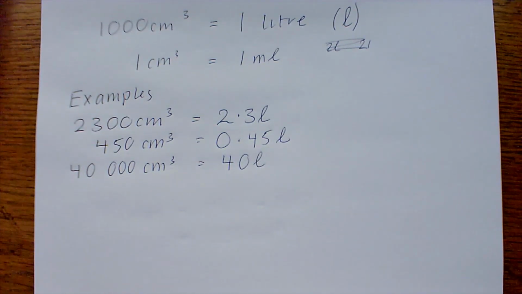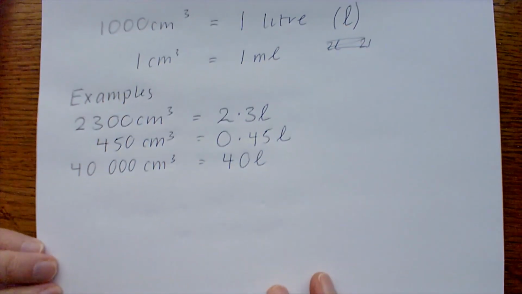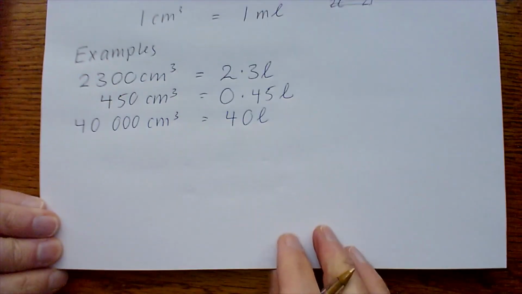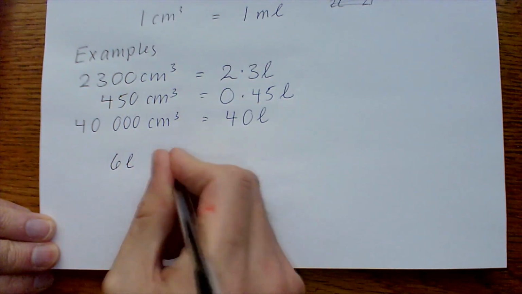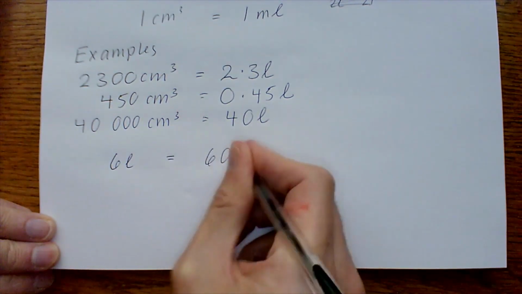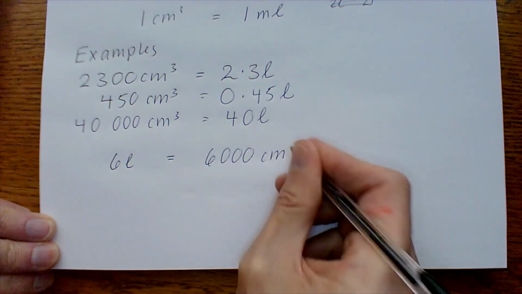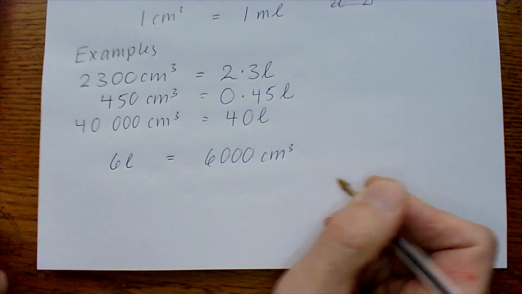And we need to convert the other way around, and that's where this issue with the zero becomes important. If we have 6 litres, that is 6,000 cubic centimetres, or 6,000 millilitres, of course.